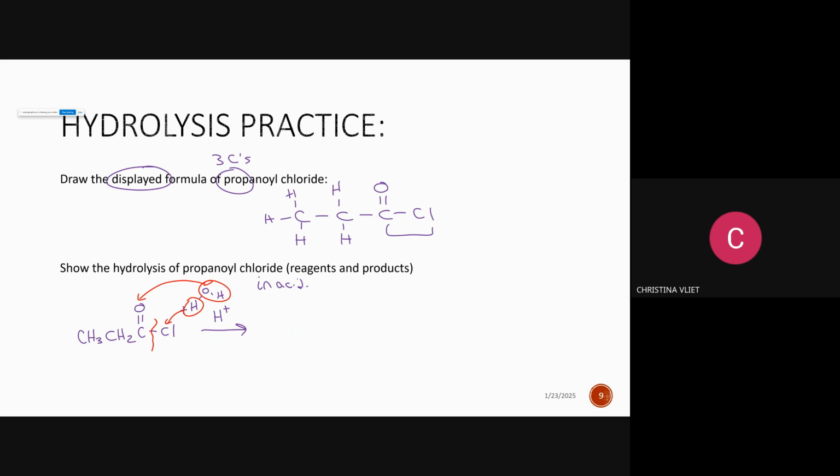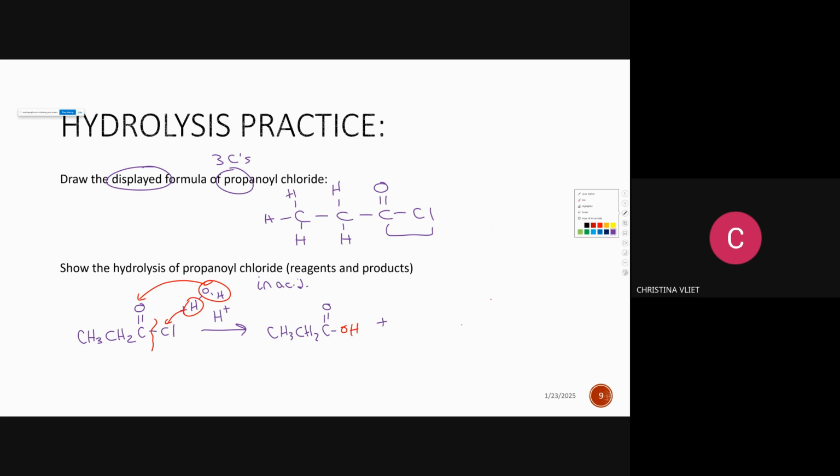And what are my products? CH3, CH2, COOH, a carboxylic acid. And the other one, let me change the color. Plus HCl. You think this is pretty acidic.